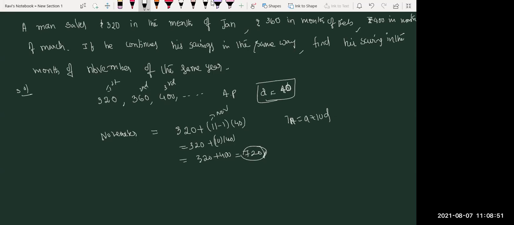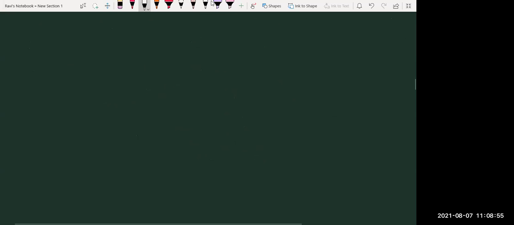Look at this, the next question. What is the sum of all the odd integers from 1 to 2001?